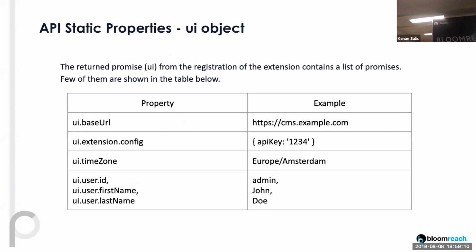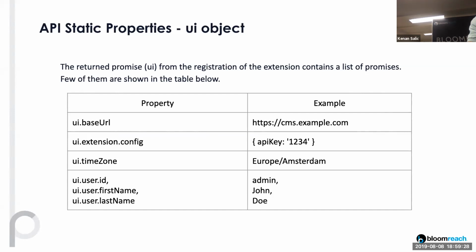You'll have availability to several static properties on the UI object, such as the base URL. You'll have a lot of standard information there, like the time zone, also some information about the user, etc.